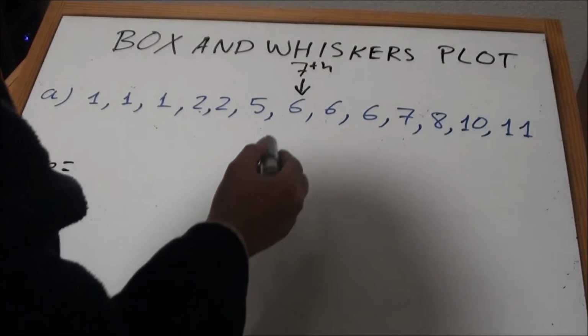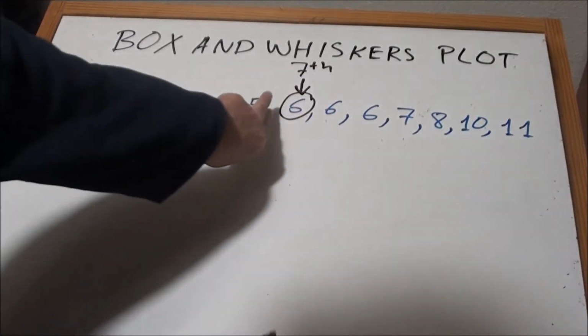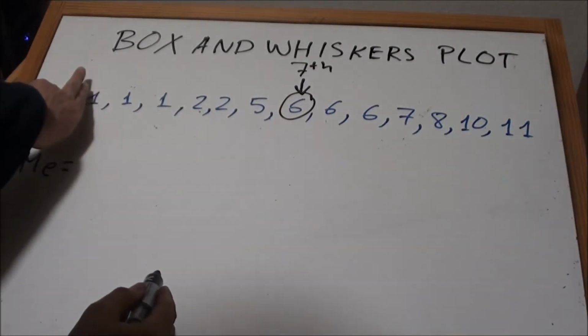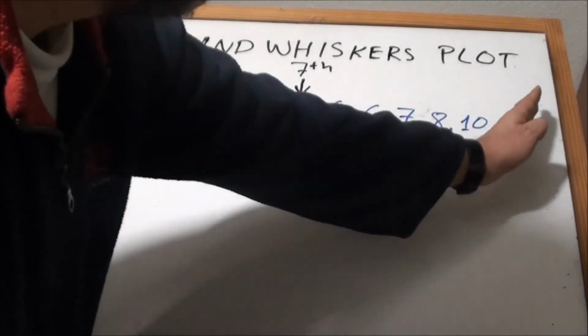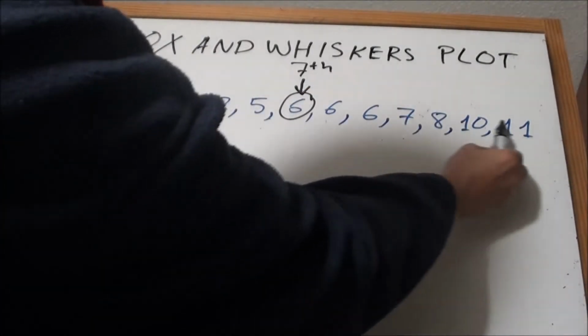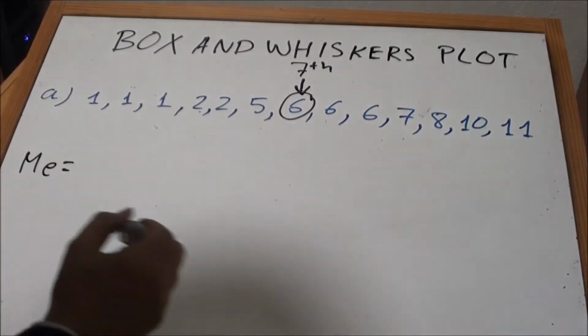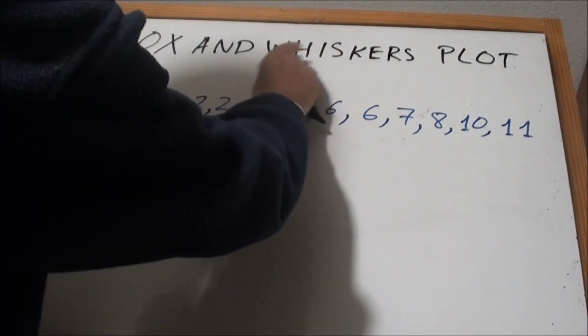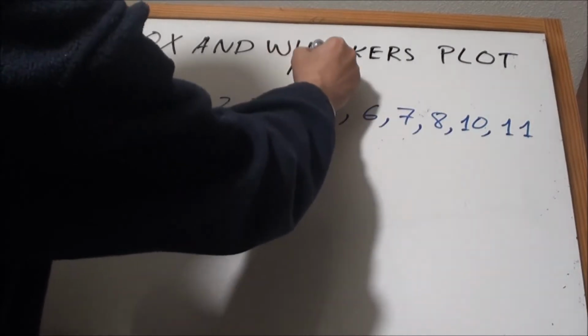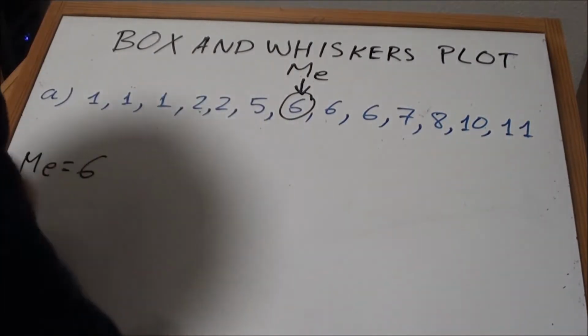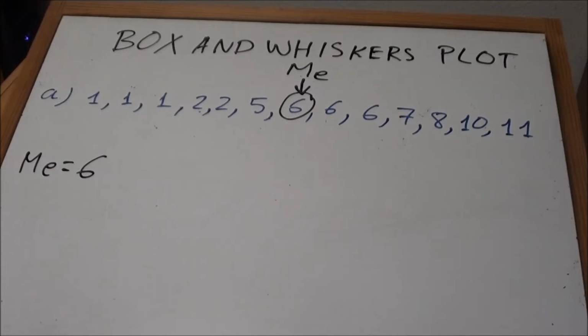Why is that the median? Because we have as many data below as above. We have 6 data above and 6 data below. So this is the median. The median is 6.